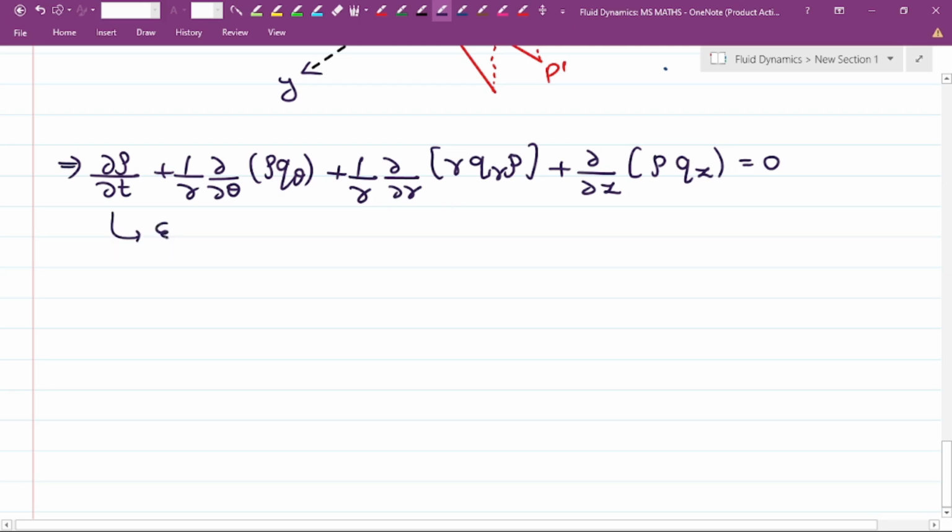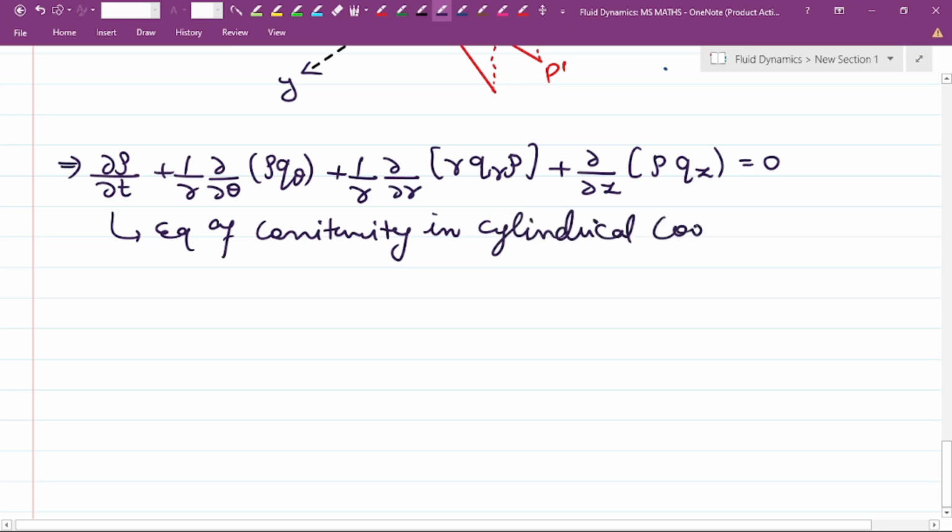So this is basically the equation of continuity in the cylindrical coordinate system.